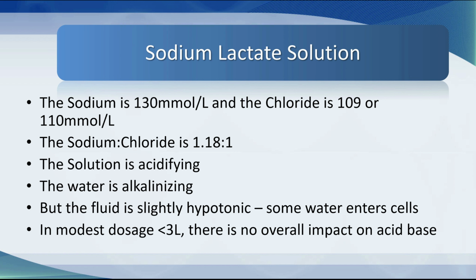So the solution itself is acidifying because it's delivering a little bit more chloride than sodium, but the water is alkalinizing and the fluid is slightly hypotonic and some water enters cells. In modest dosage of, for example, 3 litres, there is no overall impact on acid-base balance. And that's why Stanley Hartmann developed this fluid, to prevent his patients developing hyperchloremic acidosis.